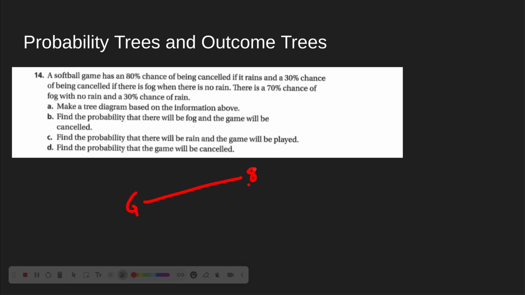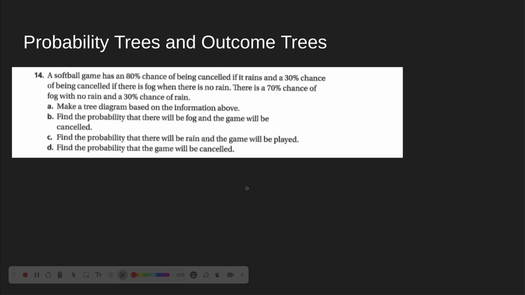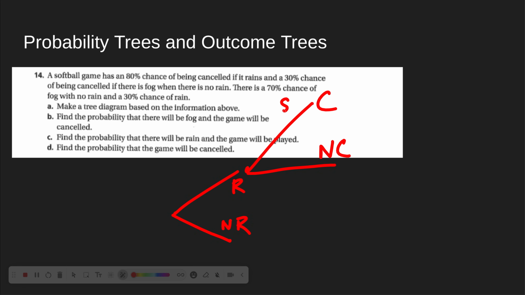This is kind of tricky. Hold on, let me delete this. First, we got to go rain or no rain. Now, if it rains, it has an 80% chance of being canceled. That means it's a 20% chance of not being canceled. If it doesn't rain, this is a silly one, it has a 30% chance of being canceled and a 70% chance of not being canceled.